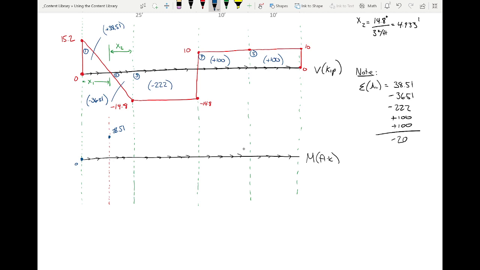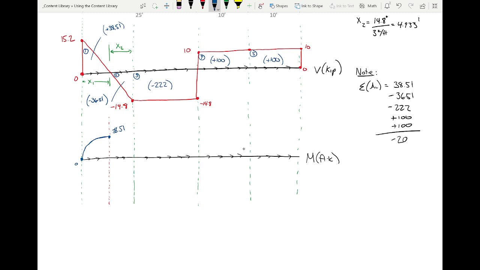It's going to go like this or this. Which is it? One, exactly, right. A lot to a little. A lot of shear to a little shear. A high slope to a negative slope. That's the shape of the moment diagram there.